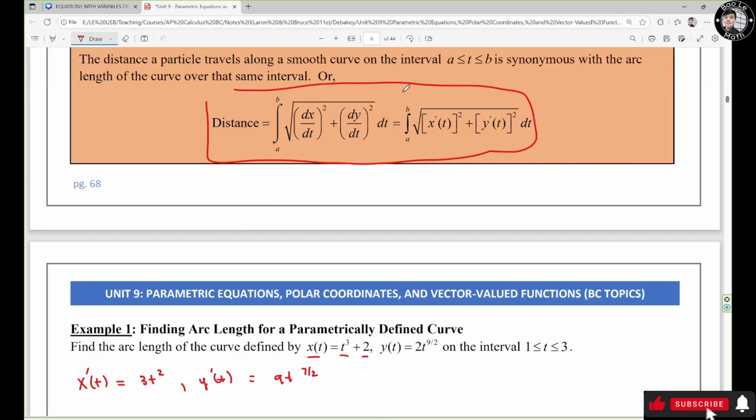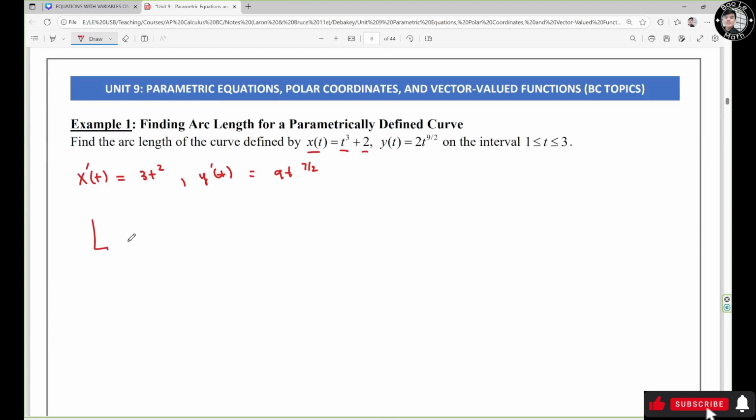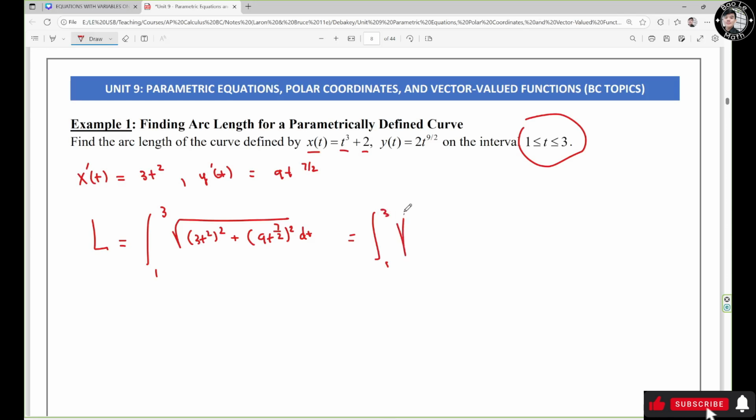Then by the formula we got right here, the arc length equals the integral from 1 to 3 of the square root of x prime of t squared, which is 3t squared altogether squared, plus y prime of t squared, which is 9t to the power of 7 over 2 squared, dt. This turns out to be the integral from 1 to 3 of the square root of 9t to the power of 4 plus 81t to the power of 7 dt.